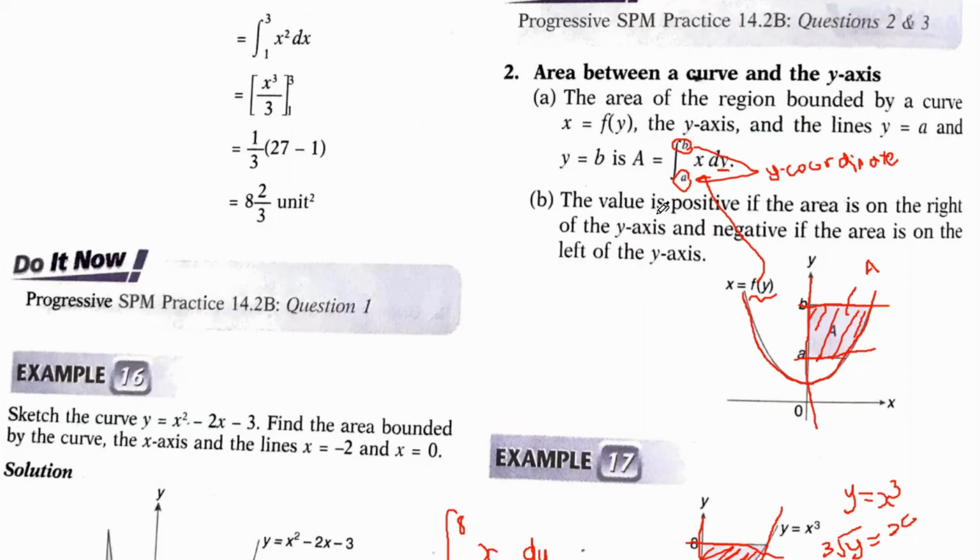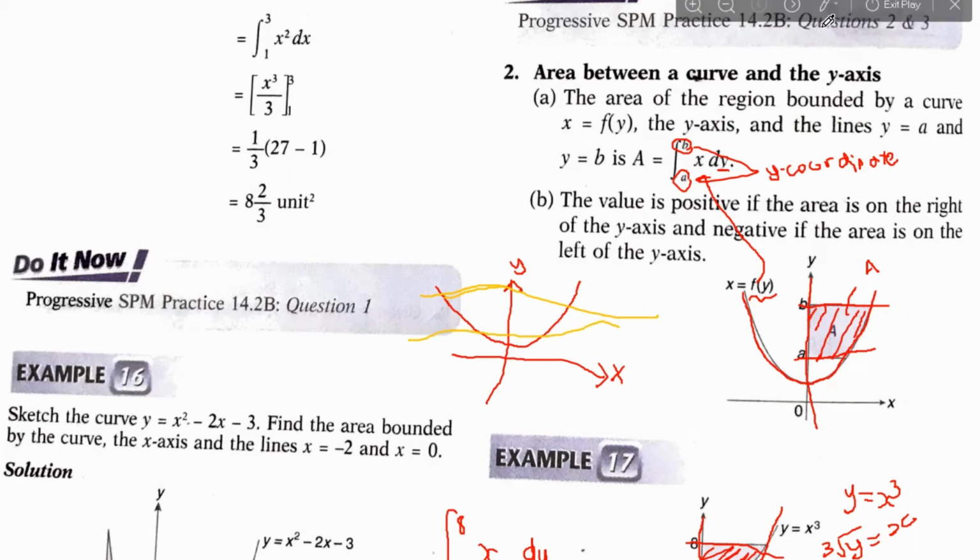Part B. The value is positive if the area is on the right of the y-axis, and negative if the area is on the left of the y-axis. That means, here is the y-axis and the curve is here. Let's say these two lines.